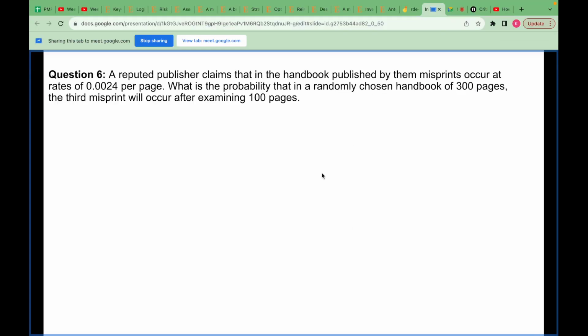So now it is asked that what is the probability that in a randomly chosen handbook of 300 pages, the third misprint will occur after examining 100 pages.